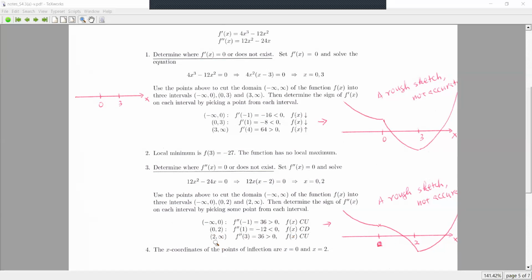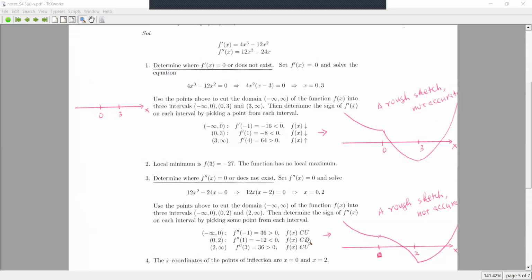Similarly, the third interval, I pick 3. The second derivative at 3 is 36, positive. So over this interval, the graph of the function f is concave up.